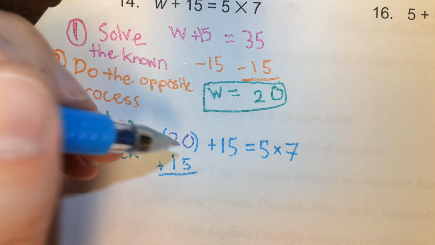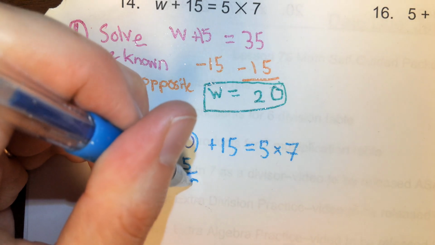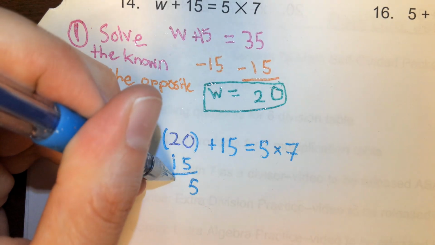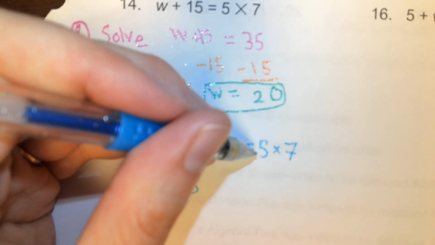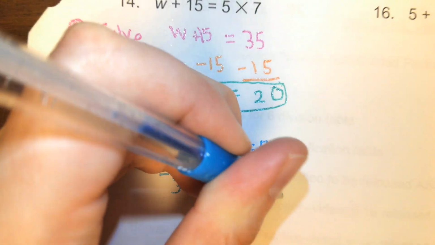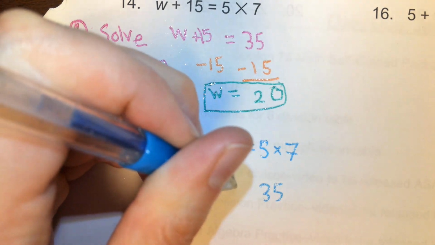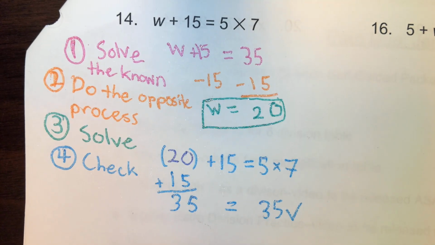If you're struggling with doing it in your head, that's okay. 5 plus 0 is going to be 5. 2 plus 1 is going to be 3. And then 5 times 7 is still 35. Now, 35 equals 35. And so we know we did it right. That is a check. That looks like a weird V.